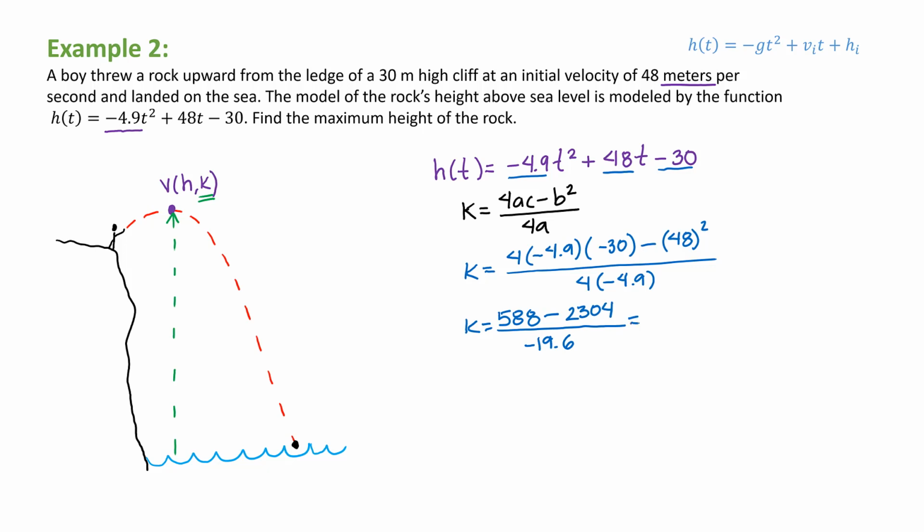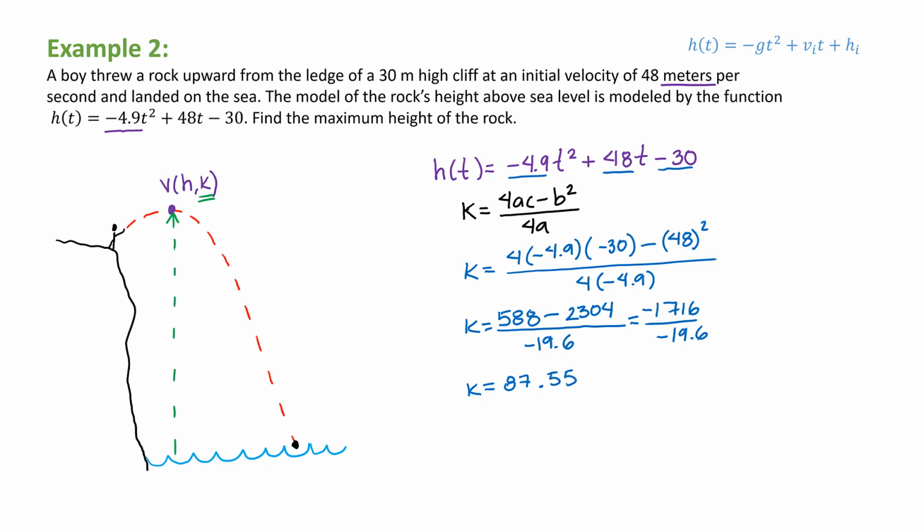Now we subtract 588 minus 2,304. That is minus 1,716 over minus 19.6. And that gives us a result of 87.55.